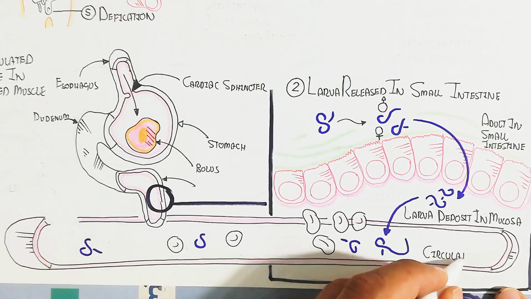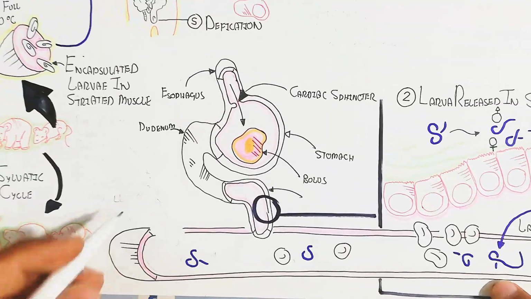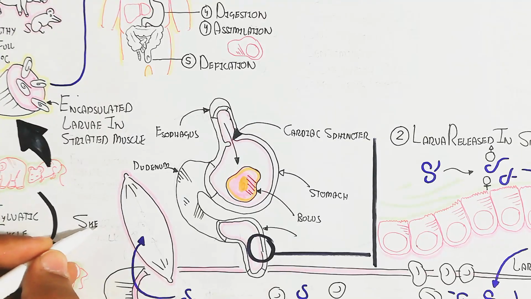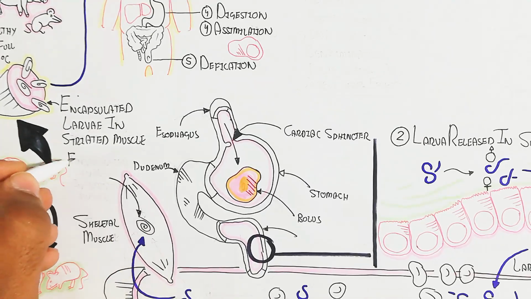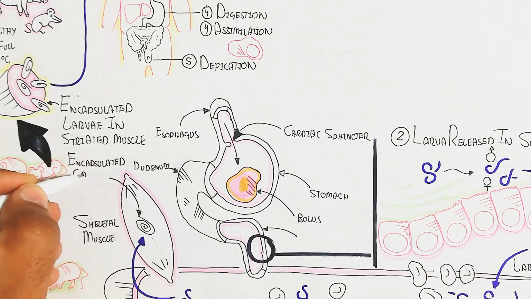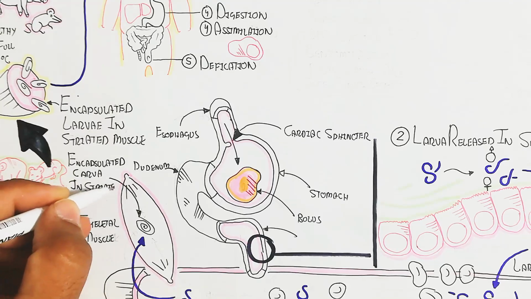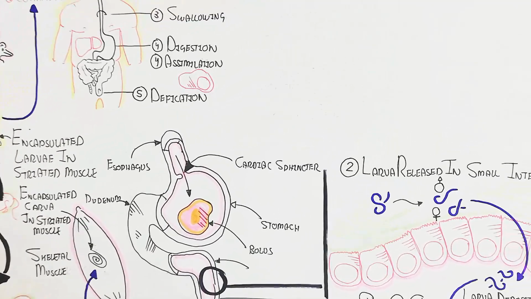In this way they move into the skeletal muscle and reside there in the form of encapsulated larvae in striated muscle, remaining intact with the skeletal muscle.